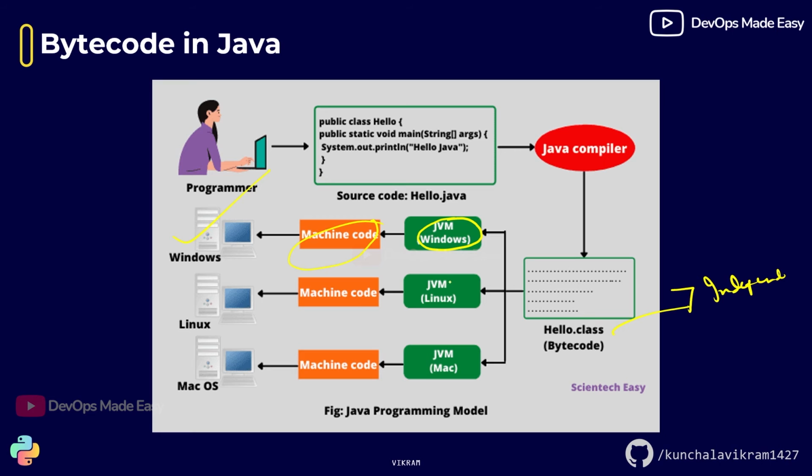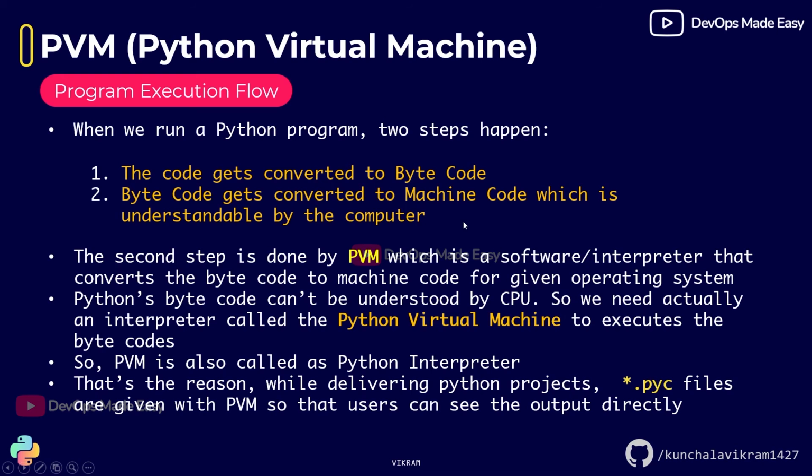With the help of the Linux JVM, I can take this bytecode, convert it into Linux specific machine code and run it. Similar is the case with Mac OS. But in the case of a compiled language, this is not possible, because a compiled language usually generates machine specific executable code. That means if the executable is only meant to run on Windows, it only runs on Windows and it cannot run on Linux.